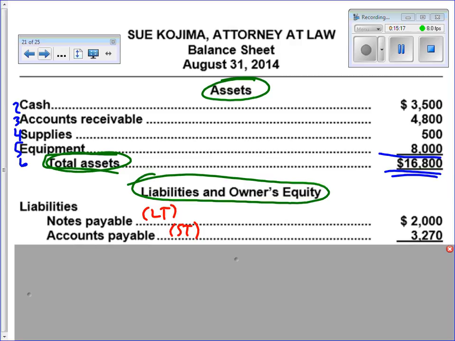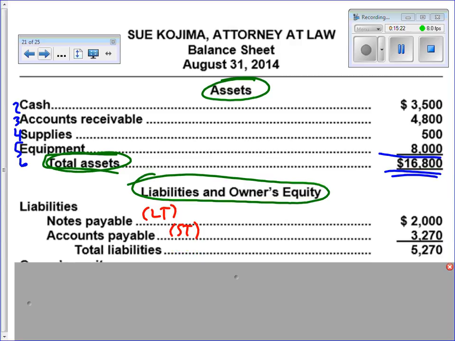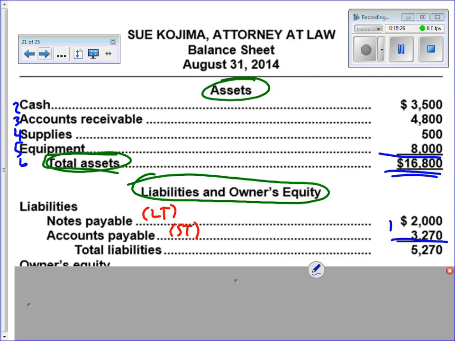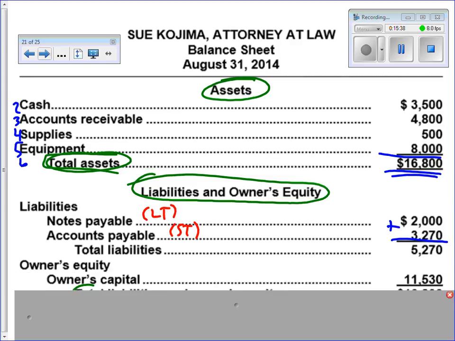So before I can move on to owner's equity, what do I need to do? So you see some math involved. Owner's equity is always going to be just the one number that you transferred from somewhere else, okay?